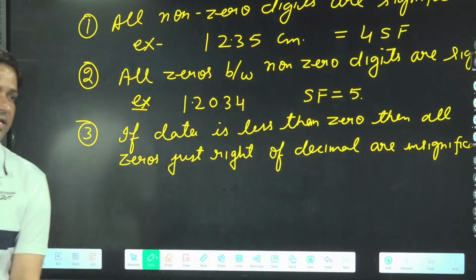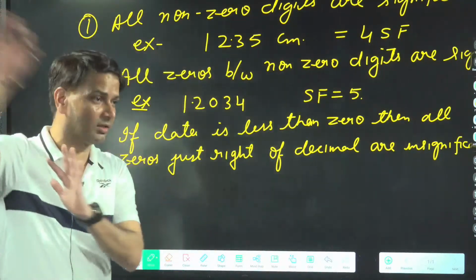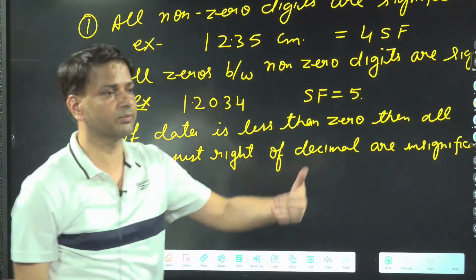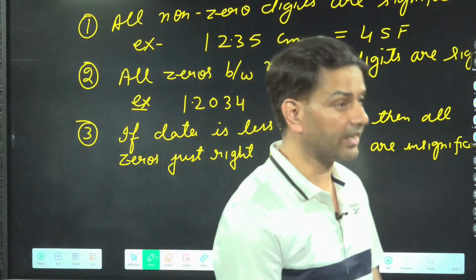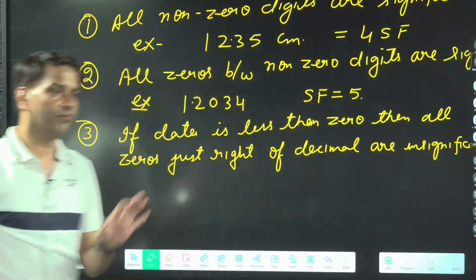So if the data is less than 1, then all the zeros just right of the decimal we will take as insignificant. They will not contribute to the significant figures.